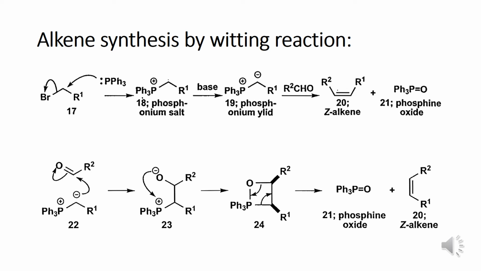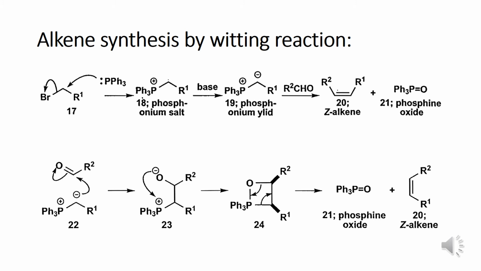Now we can see the mechanism part in the lower second reaction as well. The mechanism for the formation of the alkene is often open to discussion, especially as there is no agreement on the source of stereochemistry. We suggest the carbanion end of the ylide adds to the aldehyde, that is structure 22, and the betaine then cyclizes, that gives structure 23, the four-membered ring, which fragments to give the product 24.